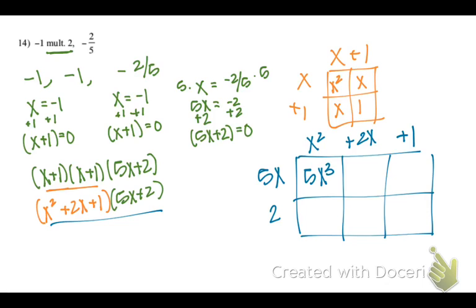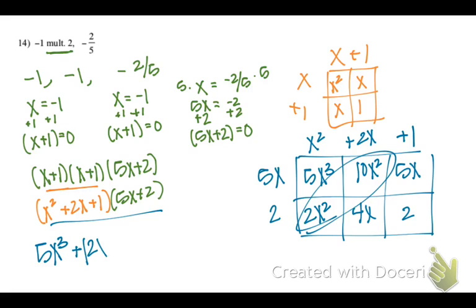That's 5x cubed, 10x squared, 5x, 2x squared, 4x, and 2. So our final answer is 5x cubed plus 12x squared plus 9x plus 2.